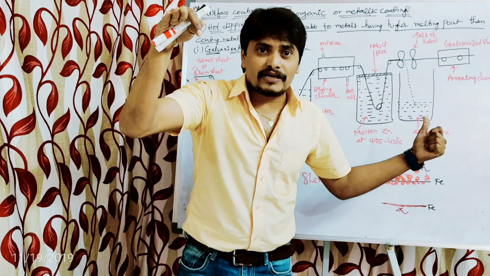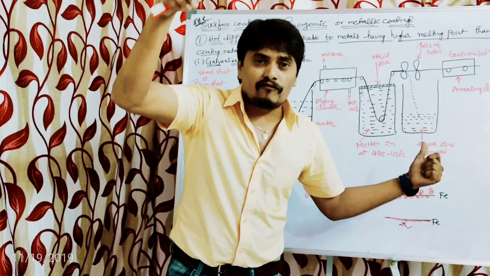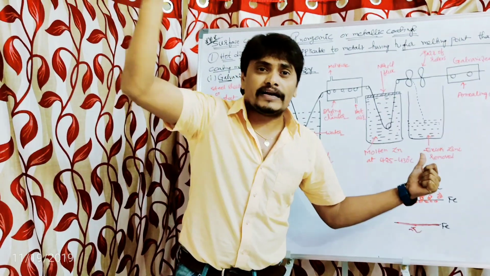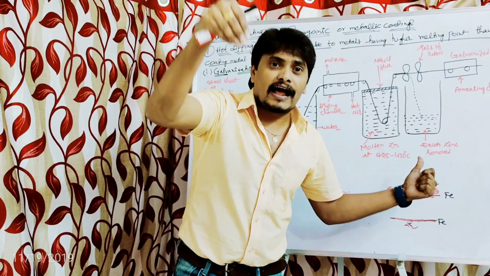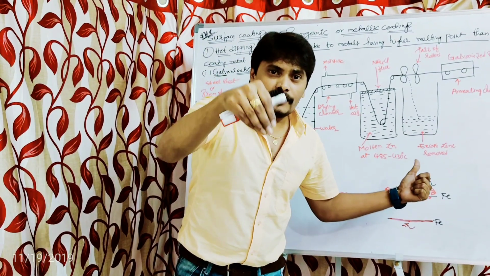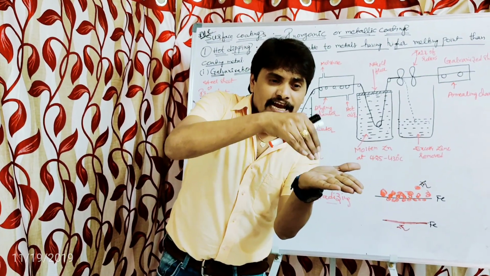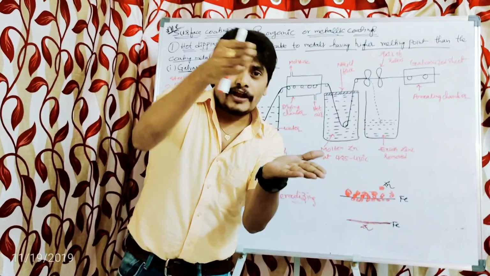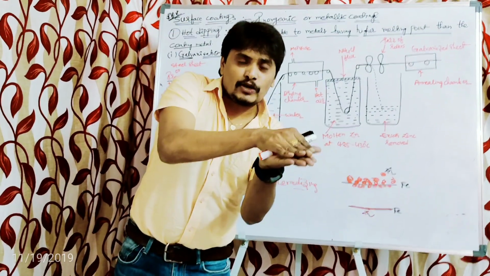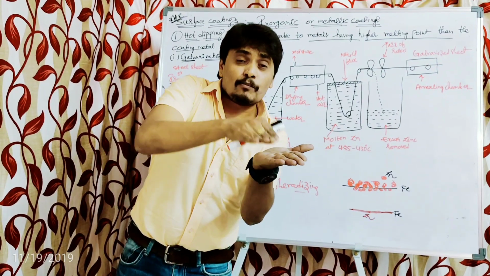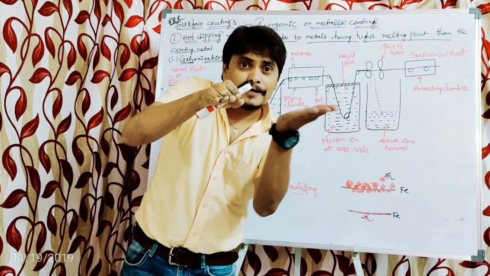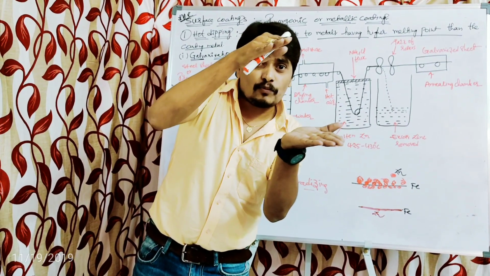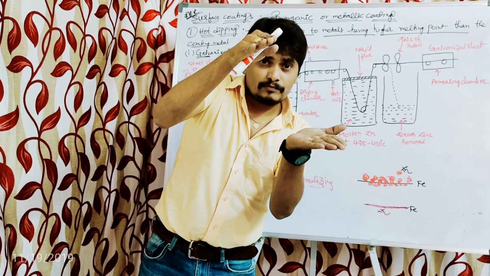Now what happens? 10% of sulfuric acid molecules have already entered inside the iron. Now iron contains 10% of the sulfuric acid molecules. Now on this, zinc has been coated. Now the zinc is more anodic when compared to the iron, because the iron value is minus 0.44, the zinc value is minus 0.76.